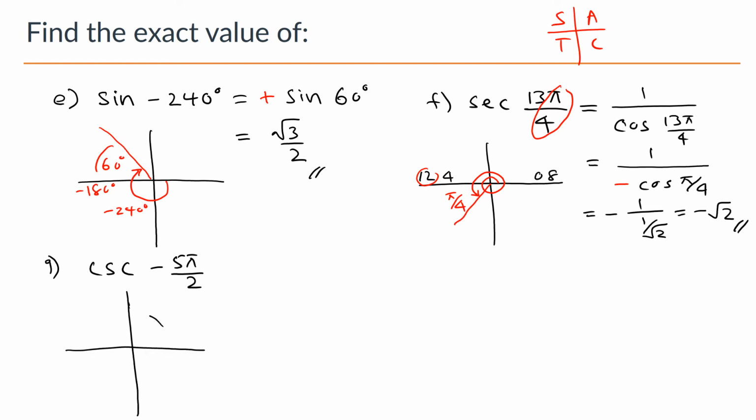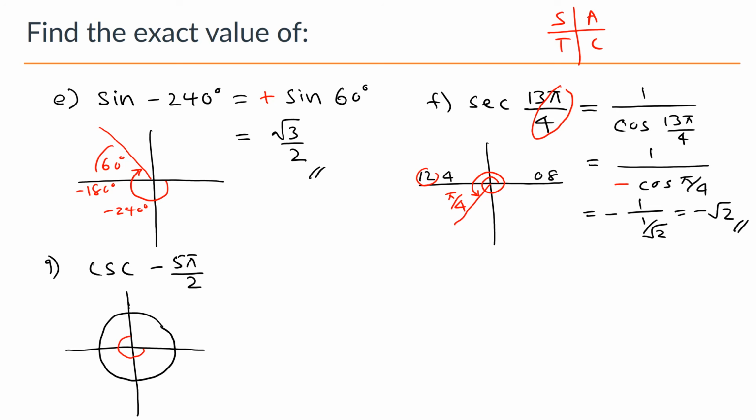So this is the unit circle. This is negative, and it's 5 pi over 2. You can count: we have 0, and we have 1 pi, 2, 3, and then 4, and then you go one more cycle.